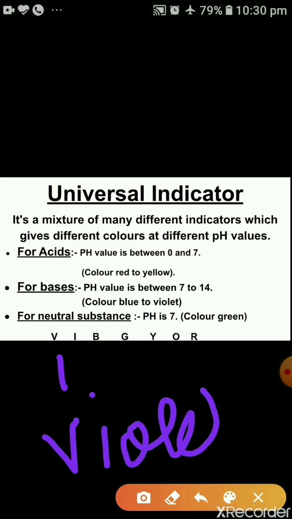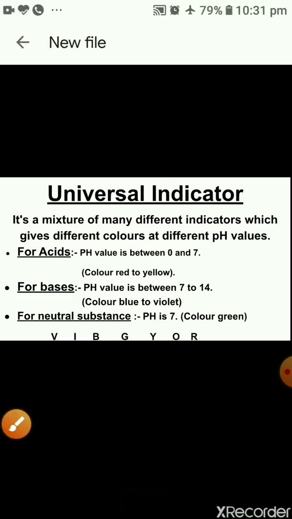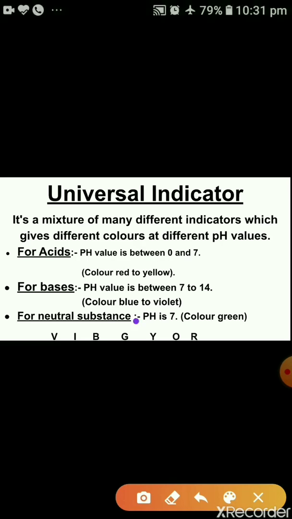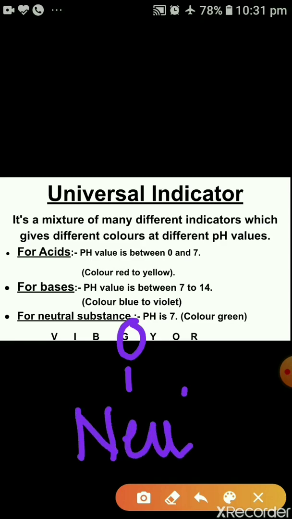So in this way we have different shades of red and different shades of blue. So how do these colors work? If the color of the substance in universal indicator is green, then it will be a neutral substance. What type of substance will it be? It will be neutral.